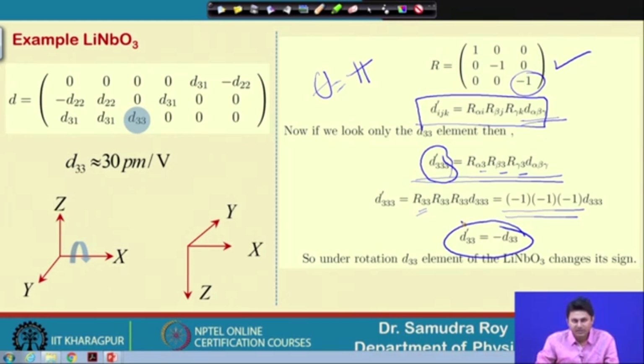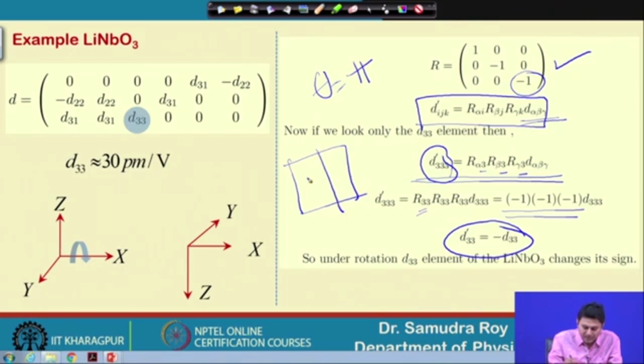That means, before rotation, whatever the D value we have, after the rotation in the rotated coordinate system, this value is changed and is a negative of whatever value we had. So, if I rotate the crystal and couple it with the previous crystal, we have a structure like that, where in this part we have D33 plus, and this part we have D33 minus.